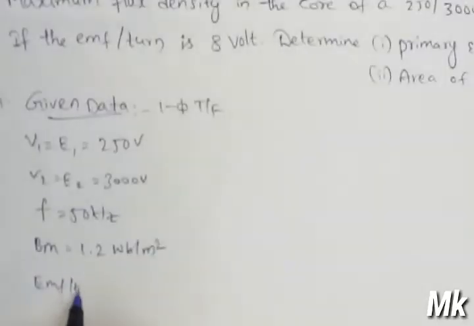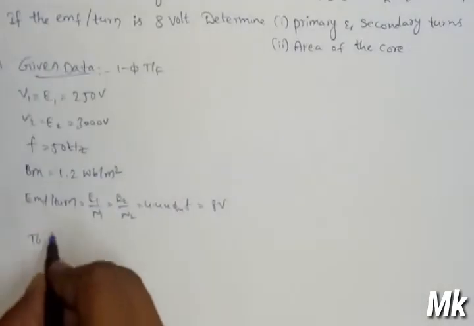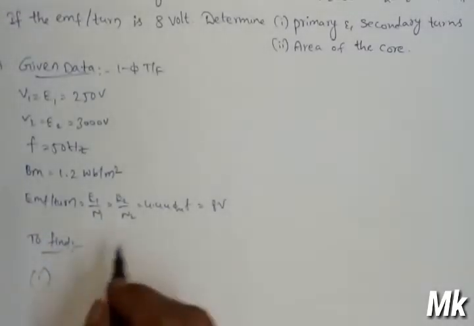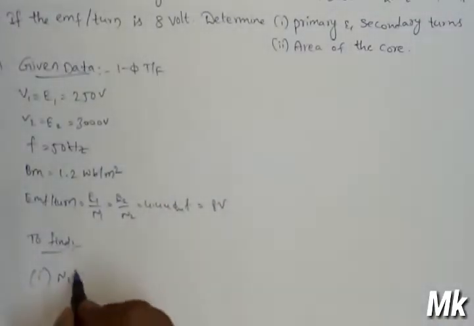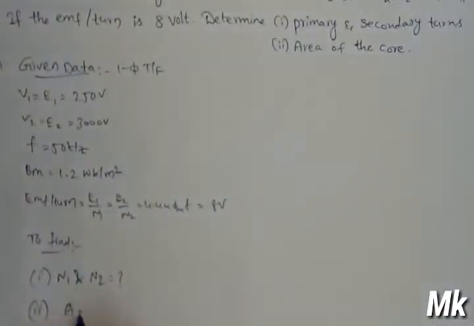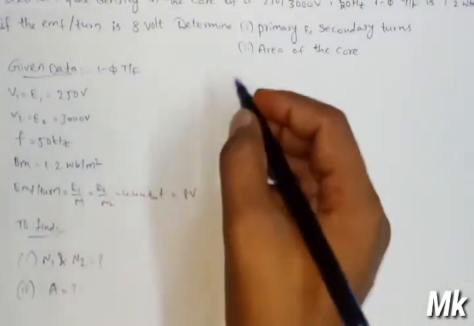EMF per turn is equal to E1 by N1, equal to E2 by N2, equal to 4.44 f phi m, also the same value, so 8 volt. To find out the primary and secondary turns, means N1 and N2, and second one is area of the core. These two we should find.